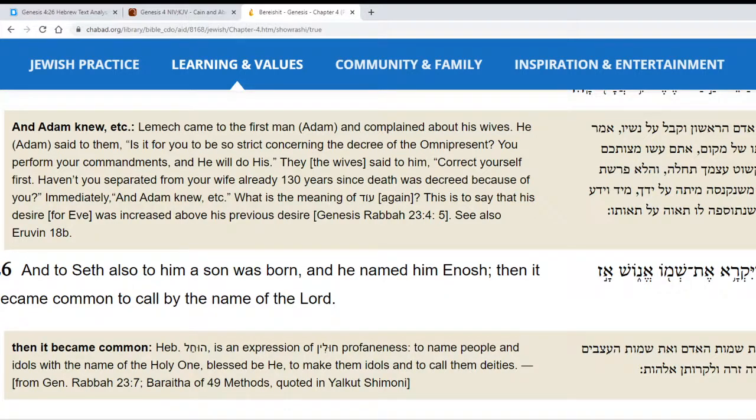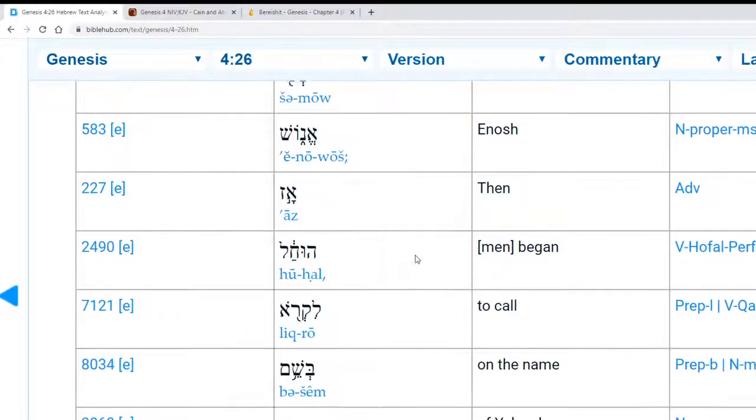Okay, so maybe my confusion is my confusion because Rashi is saying that the huchal comes from hulin, comes from profanity, right? Oh, I see. And then it became a common thing. See, this is what I love about Rashi. He completely changes the meaning that I thought I had for this verse.